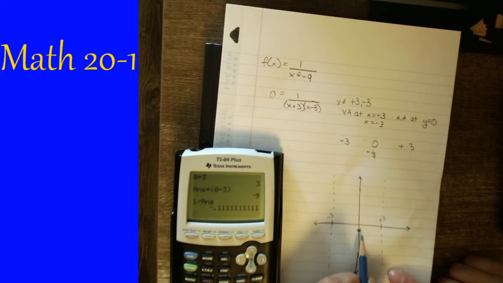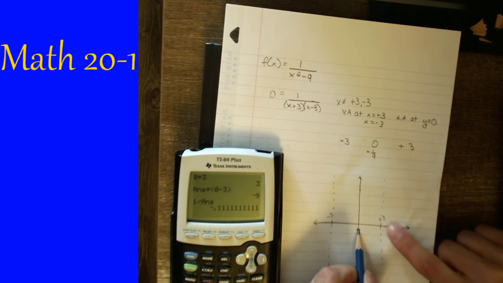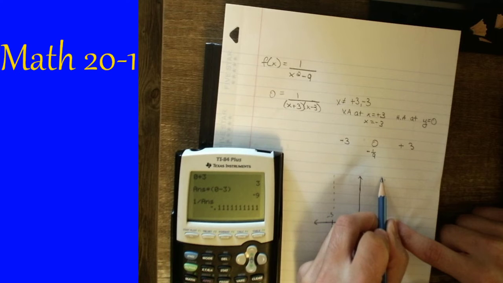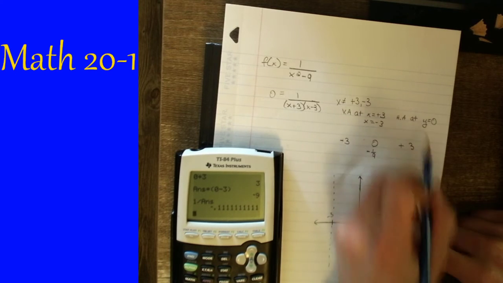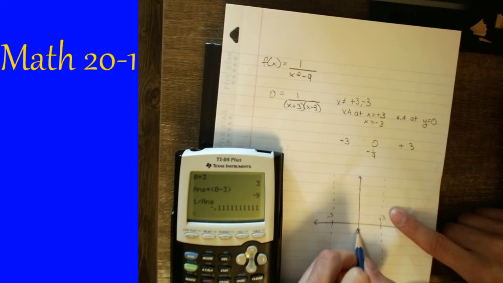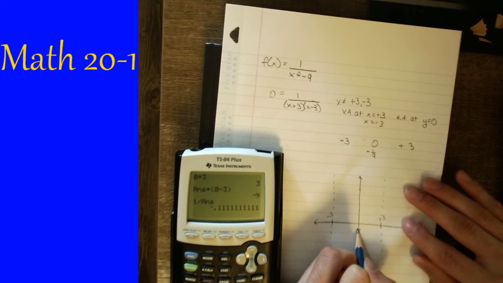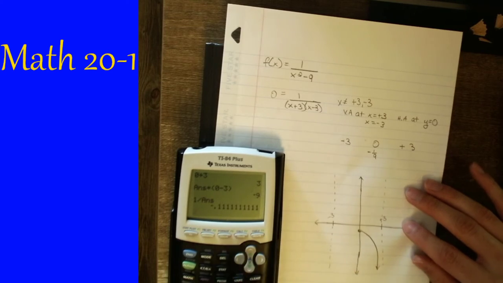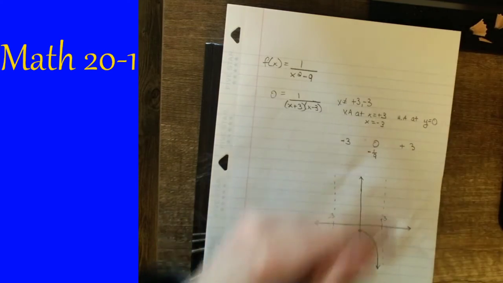So this point here is going to approach positive 3, but it's not going to cross this and go up like that because it can't actually touch the horizontal asymptote. So the only other option here is for this to go down like so, and it's going to do that on both sides.